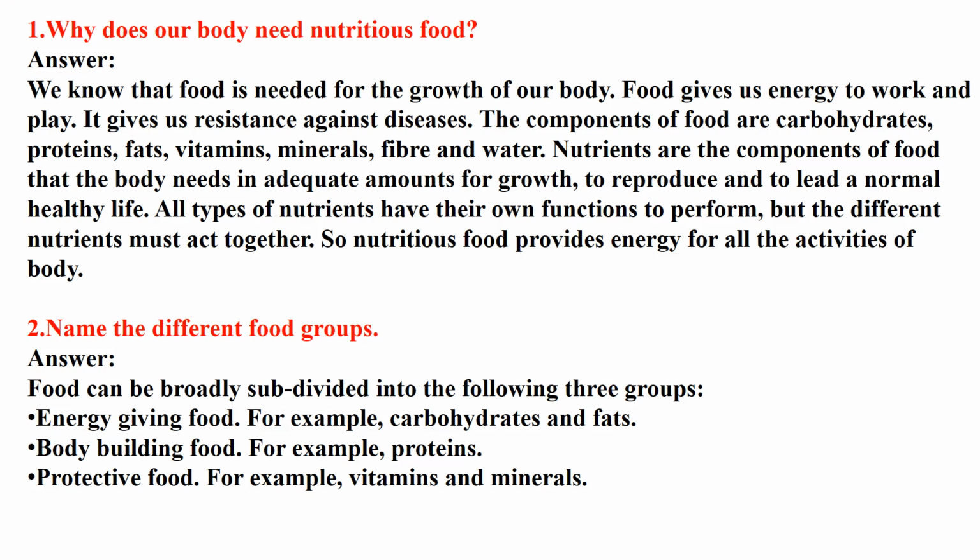Let's see. First, why does our body need nutritious foods? As we know, food is needed for growth of our body. Food gives us energy to work and play, and it gives resistance against disease. The components of food are mainly 5 components, which are carbohydrates, proteins, fats, vitamins, minerals.